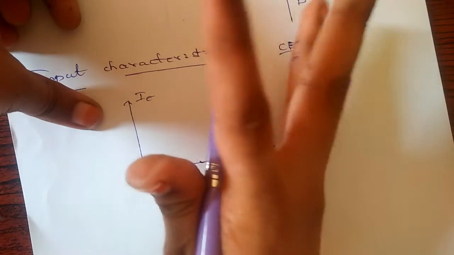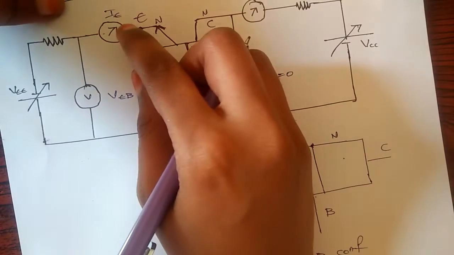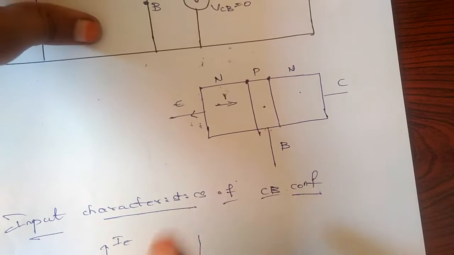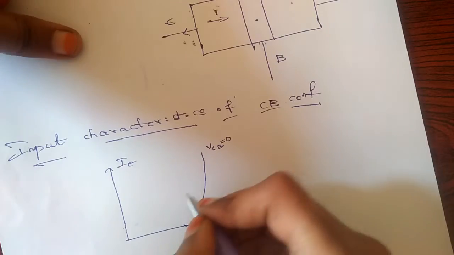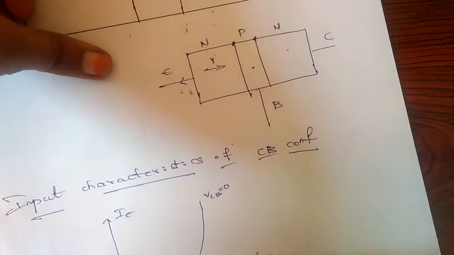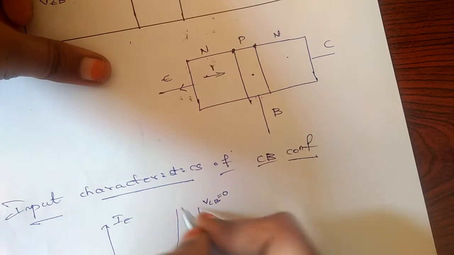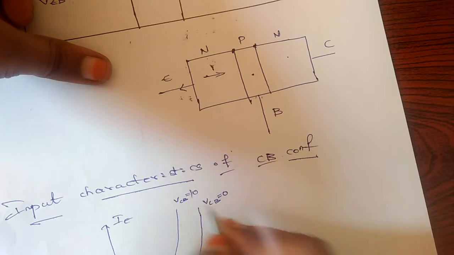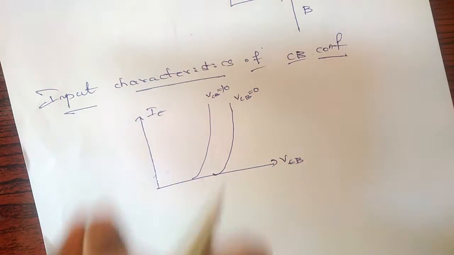This is the graph we get on changing VEB step by step with constant VCB equal to 0. Then we change VCB to 10, and we get the characteristic like this, and so on.